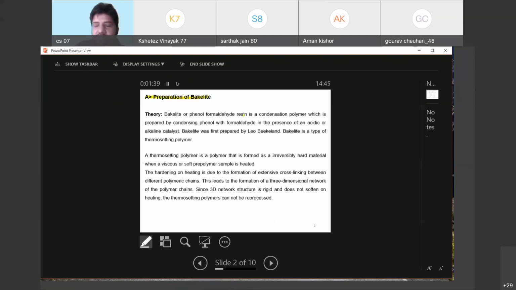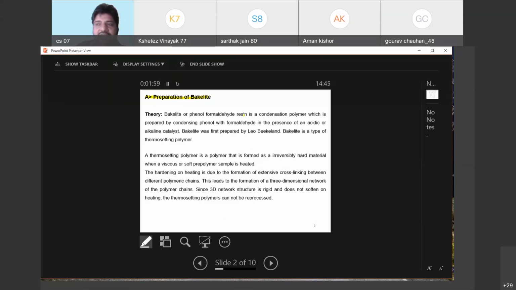Later on, in the theory class, we'll discuss what are the different steps involved in condensation polymerization. If you remember, in theory we discussed addition polymerization, which we call a chain growth polymerization.